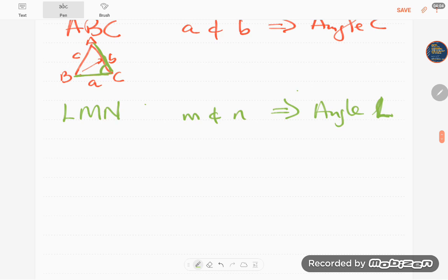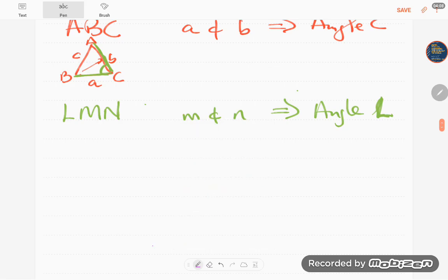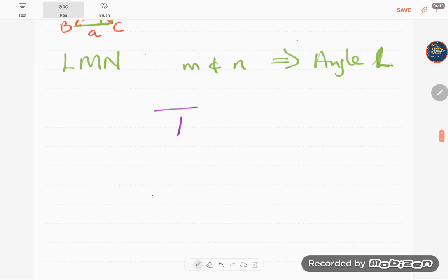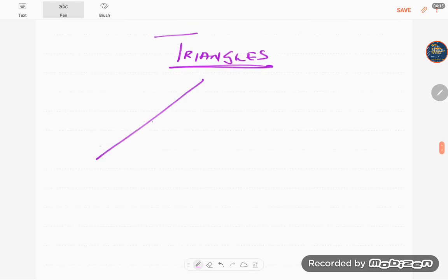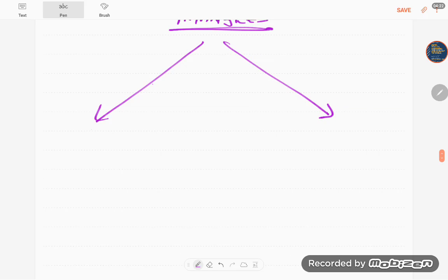Now, what does that have to do with anything? Considering how we deal with triangles, the first thing we need to ask ourselves whenever we're dealing with triangles is about the 90 degrees.